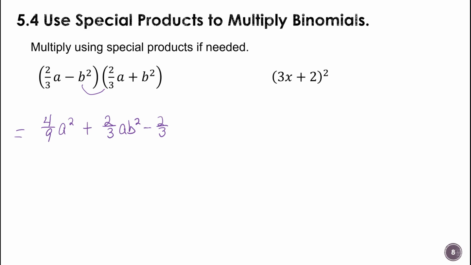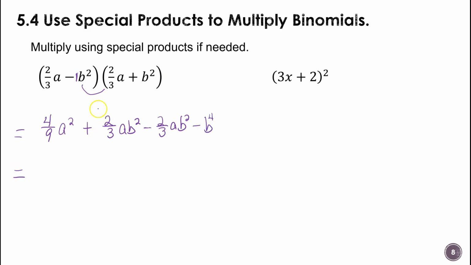What do you do when you're taking 2/3 a times a b squared? So 2/3, and it's negative this time because it was a negative 1 right here. And then we have ab squared. And then negative b squared times positive b squared would be negative b to the fourth.